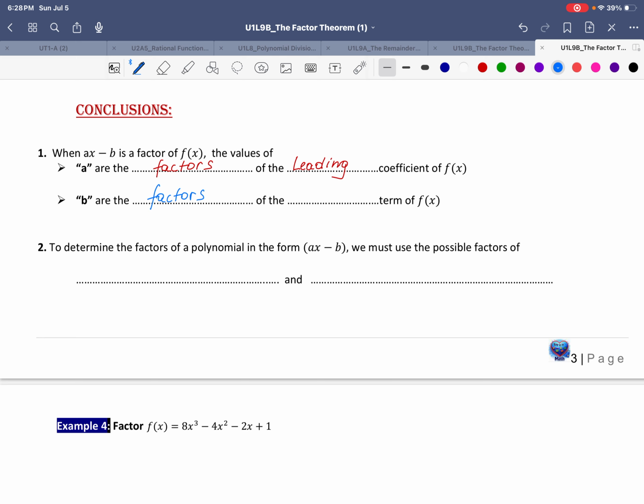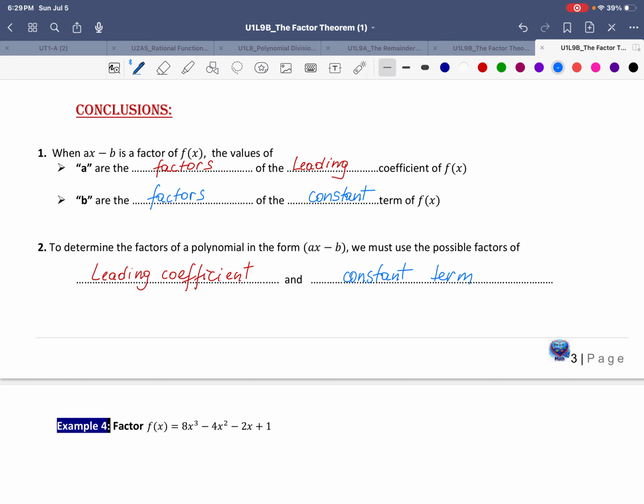That hasn't changed. To determine the factors of the polynomial in the form ax minus b, we must use all the possible factors of a and all of the leading coefficient a. Let me write the whole word actually. And all the factors of the constant term.